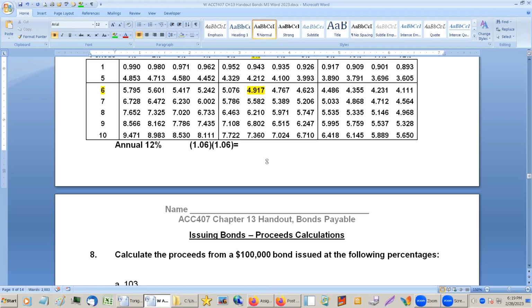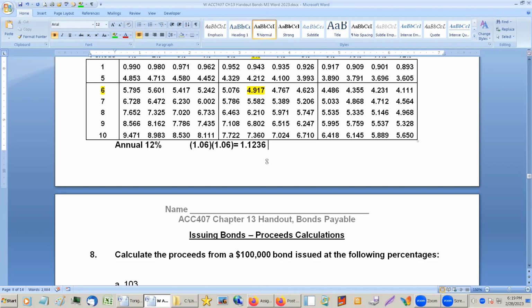That's going to come out to be a little bit more than 12%. Let's see here. So this will come out to be 1.36.